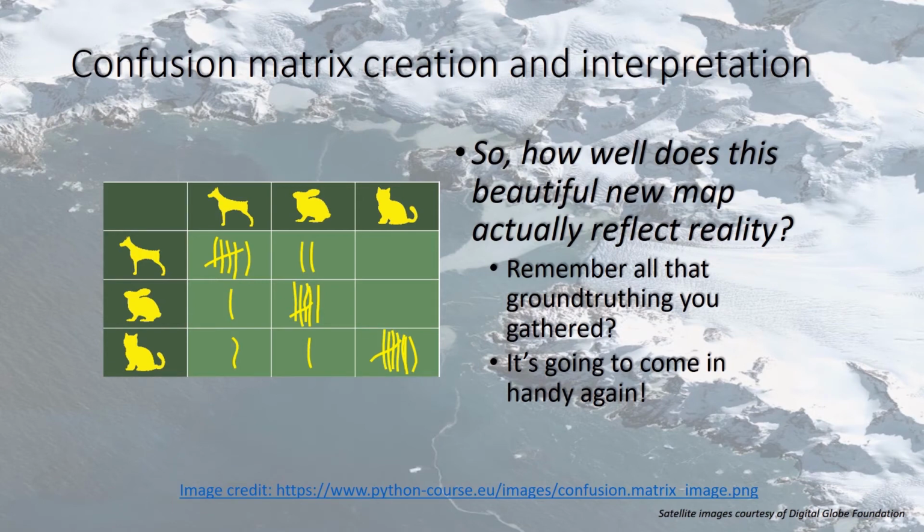So, okay, you get to this point, but then you realize you're actually not quite done, because even though you've got this beautiful looking map, you don't know for sure how valid that map is. It might just be a pretty picture for all you know, or it could be doing a pretty good job of describing what things are actually like on the ground. But you need to go back and check your work, essentially.